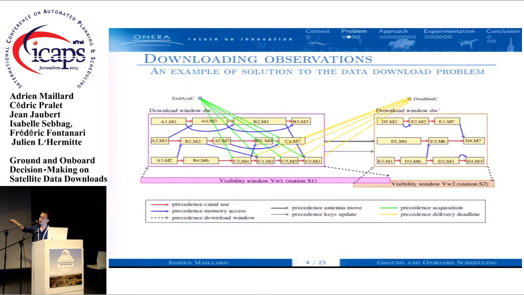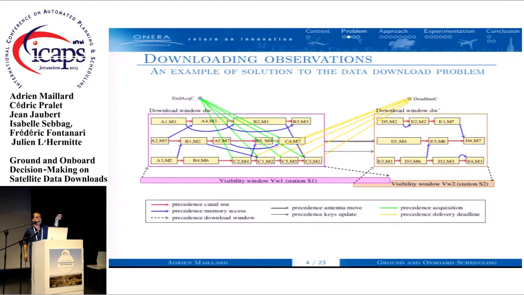Also, you cannot download something before it's finished. So when the acquisition is not finished, you have to wait to download the acquisition. And at the same time, we have a deadline. So we have to download the acquisition before it's not useful anymore. Also, we have some time-dependent constraints. Because the satellite is agile, its position is changing during the time.